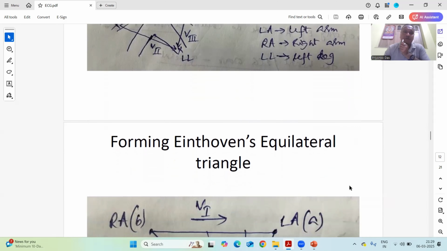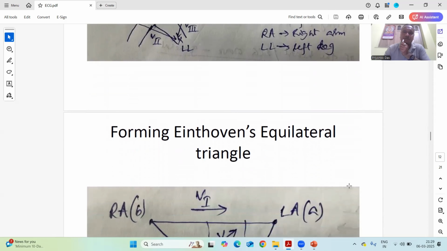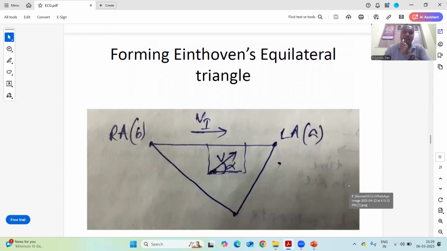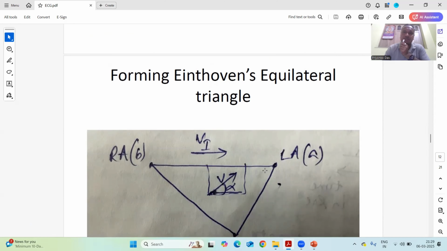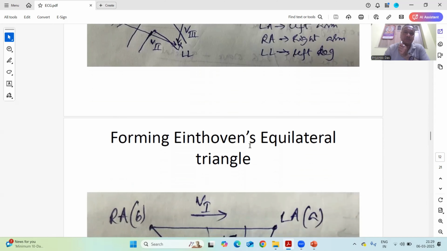Now, as per Einthoven, this triangle is an equilateral triangle, where at the center there is a voltage source V at an angle alpha with the horizontal direction. With this voltage source, he considered the voltage components V1, V3 and V2. What is V1?